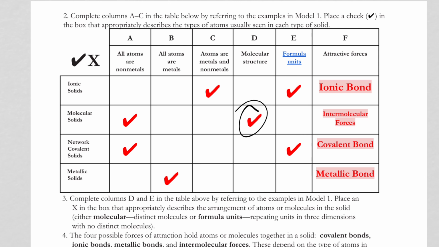Molecular structure, on the other hand, is talking about each of these forming a particular unit, such as H2O or CO2. These are specific units that will be able to detach from each other, and we're going to get into why this is important and how this is different from ionic and network covalent solids. For example, water molecules, even if you heat them up, will only become water vapor.